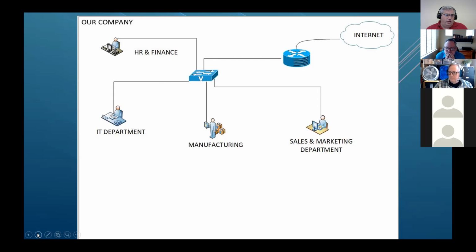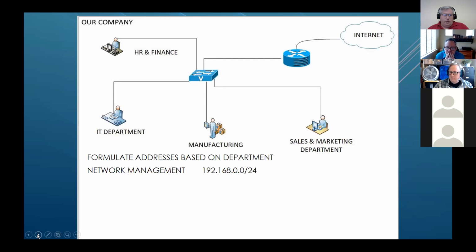So in this case, or at least what I came up with, you can address them however you like. But this particular one, we just wanted to formulate it on department. So in this case, 192.168.0.0/24 will be for the network management.